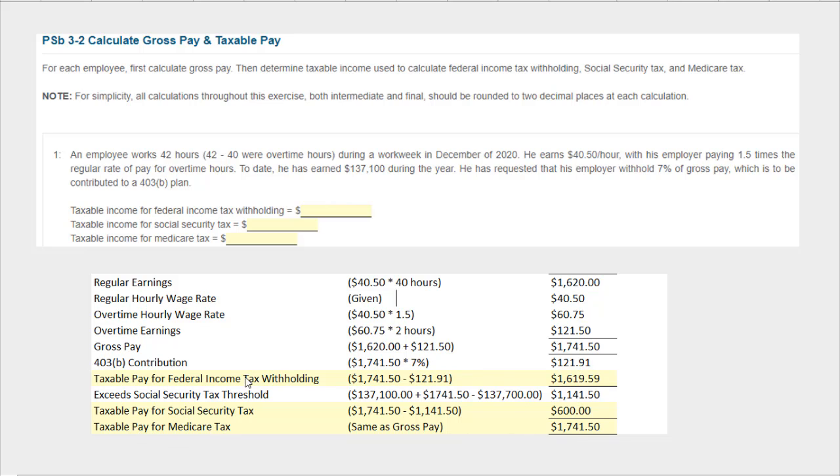However, when we do the federal income tax withholding, we take it out of the gross pay. We subtract $121.91 from this number in order to get us the taxable pay for federal income tax. Okay, we didn't do that for Social Security and Medicare tax because even though it's retirement plan contribution, it is still subject to Social Security and Medicare tax.